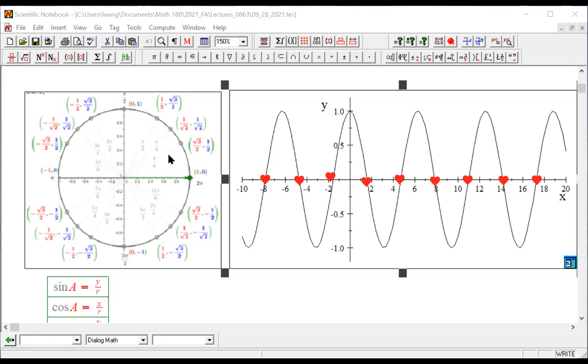So we can use the unit circle. We can use a circle. When we use a unit circle, how do we identify those? We need to understand the nature of the question.